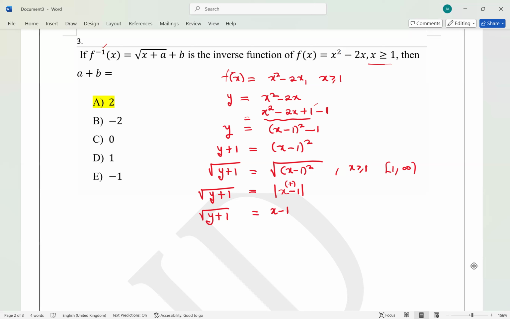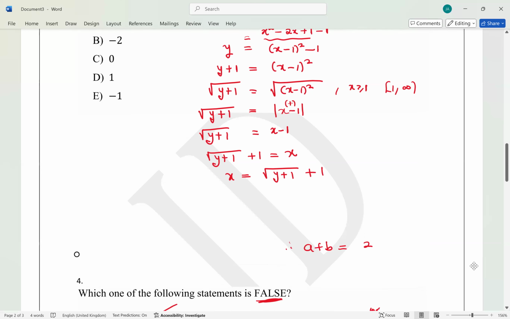So what is x now? You can solve for x. We will have root of y plus 1, plus 1, equals x. So it means that our x is root of y plus 1, plus 1. Now, what else can we write?